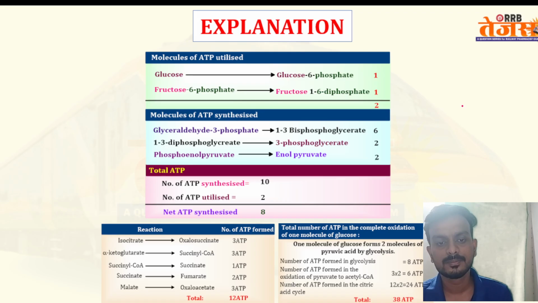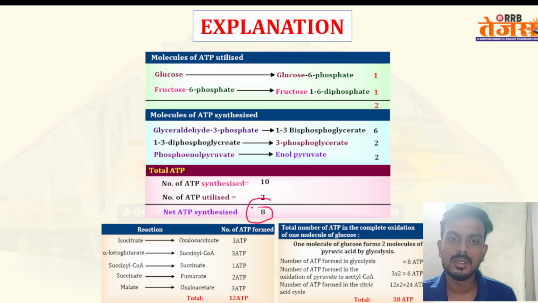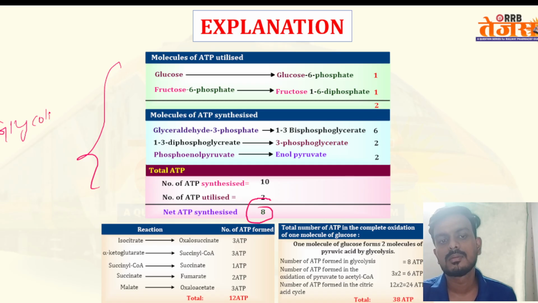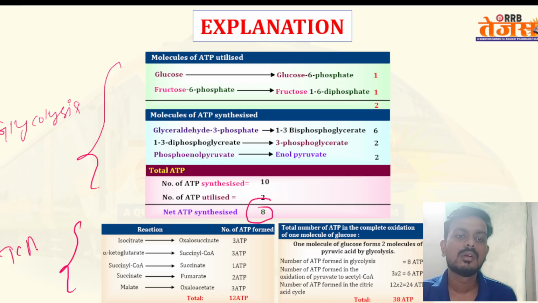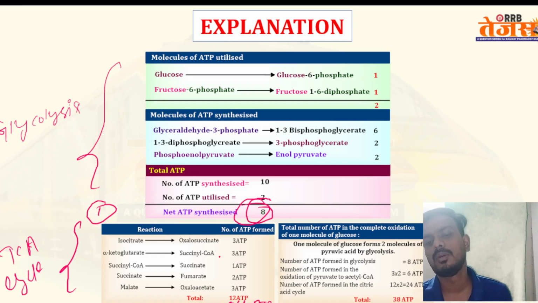See, the net ATP in this step is glycolysis, and this is your TCA cycle. So total ATP is 8 in glycolysis. As I told you, from one reaction we get 12 ATP. From two reactions, how much ATP in total? 24 ATP. So when we add, the total net ATP will be 38.